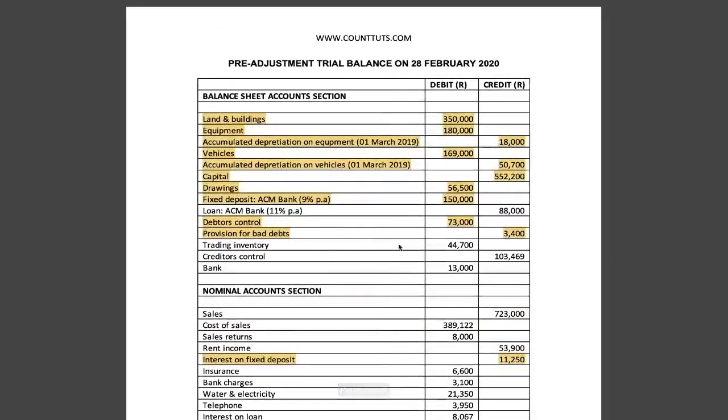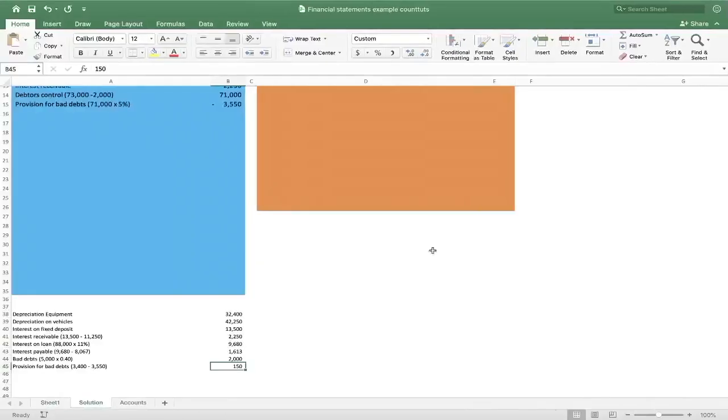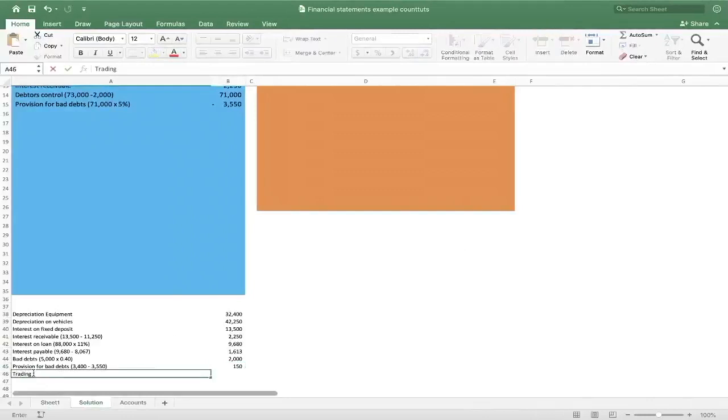But according to our books, we have trading stock worth 44,700 Rand. So in reality, it's only 43,000 Rand. So we have a trading stock deficit because what is in our stores is less than what we have in our books, which is in the pre-adjustment trial balance. So we need to account for the trading stock deficit because it's an expense. So we go down here, we have trading stock deficit, and it's going to go into the operating expenses section of the income statement.